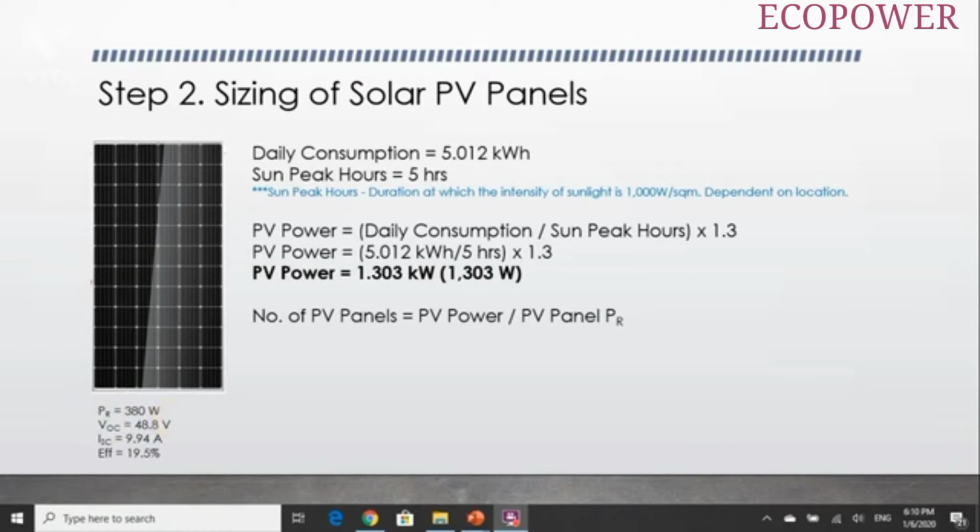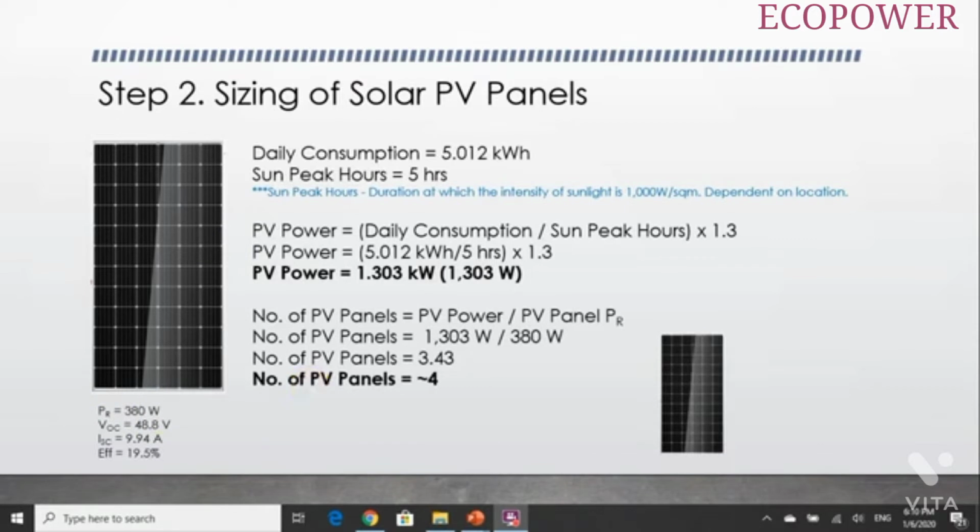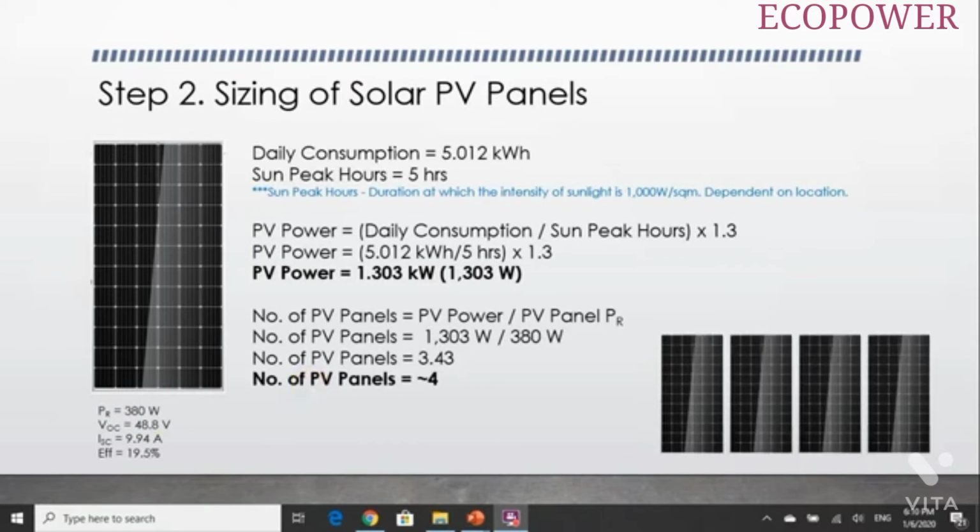To compute how many of this type of solar panel you need for this installation, you just need to divide the required solar PV power, which is 1.3 kilowatts, by the solar panel rating, which is 380 watts. So we have 3.43, or rounded up, we will need four of this 380 watt solar panel.